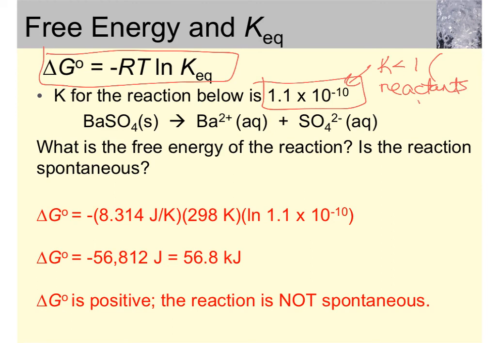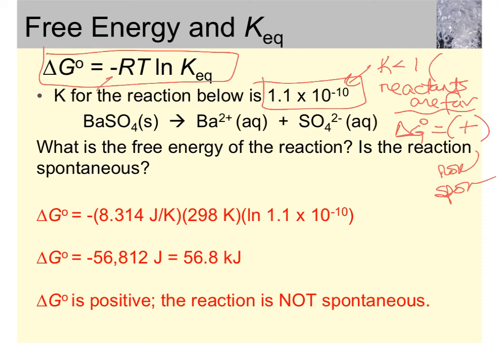If reactants are favored, that's not an overall favorable reaction as far as the products are concerned. So what mathematical value do you expect for standard free energy? I would expect it to be positive, non-spontaneous, if K is less than 1. So get into the habit of predicting before you work a problem. That's your check to see if you made a math error.